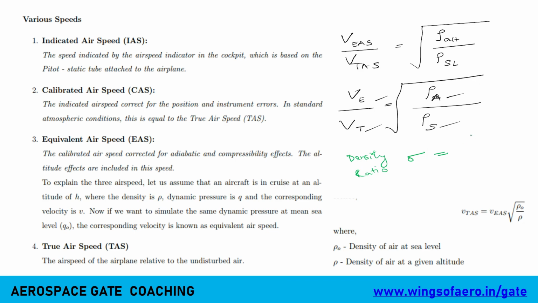Density ratio means the ratio between the density at altitude versus sea level. It has to be less than 1, because the density at sea level is 1.225.